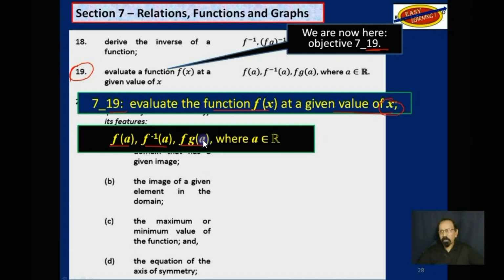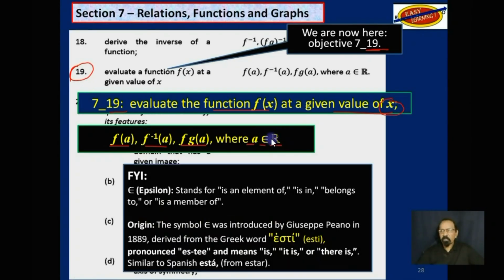Well, those are a, but we could read them as x as well, where a or x is a member of R. Just in passing, that letter there is the Greek letter epsilon, and it stands for, is an element of, is in, belongs to, is a member of.